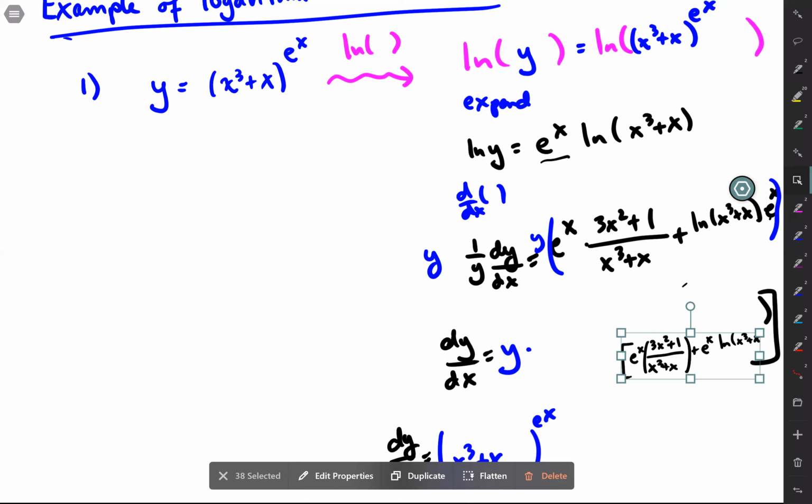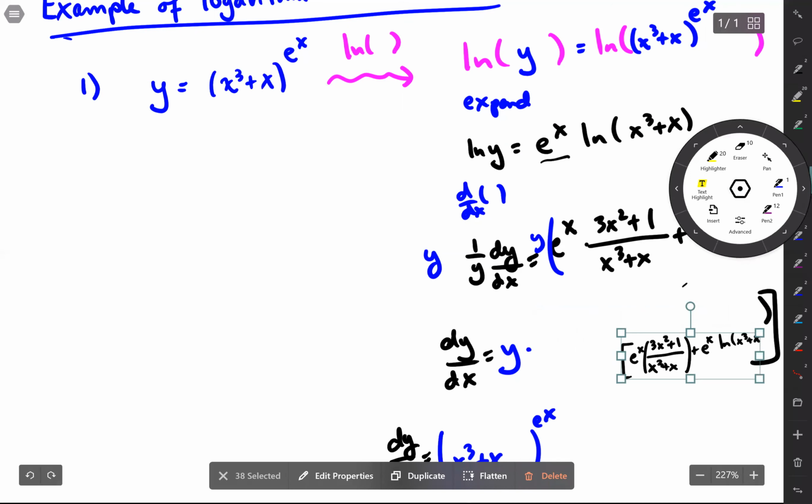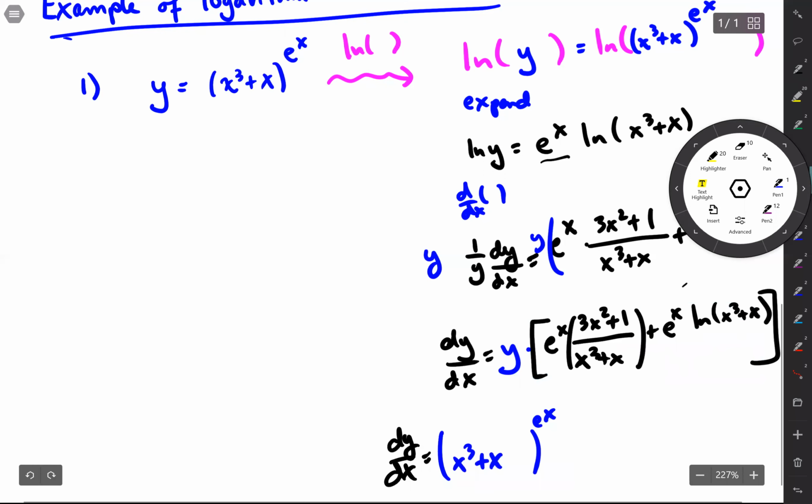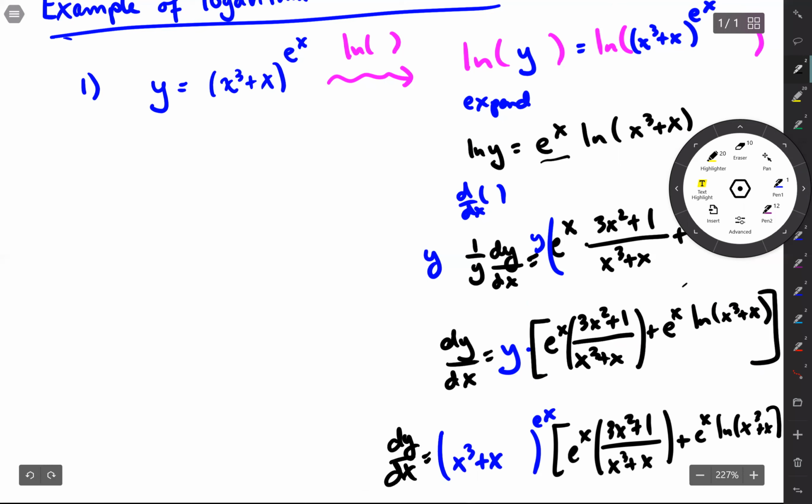I don't see the undo button. There's the undo button. Okay, so I'll just write it down: e to the x times 3x squared plus 1 over x cubed plus x, plus e to the x times the natural log of x cubed plus x.